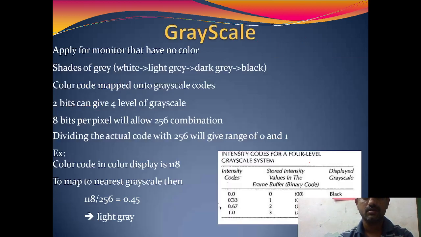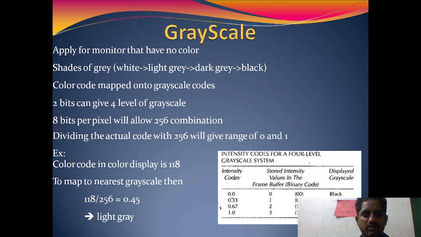Next, grayscale. It applies to monitors that have no color. Shades of gray: white, light gray, dark gray, black. Color codes map onto the grayscale codes. 2 bits can give 4 levels of grayscale. 8 bits per pixel will allow 256 combinations. Dividing the actual code by 256 will give a range between 0 and 1.